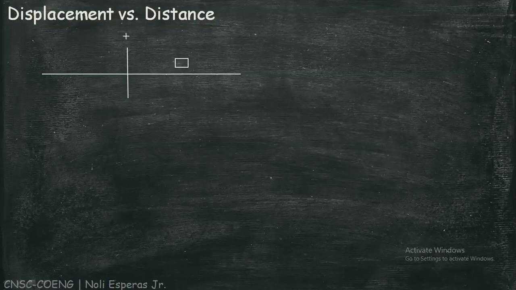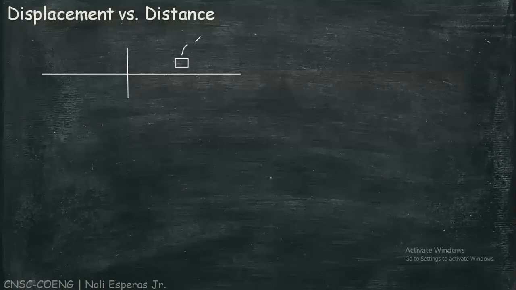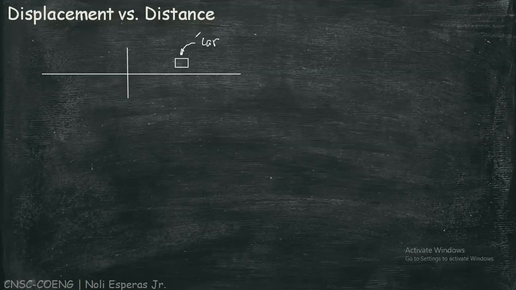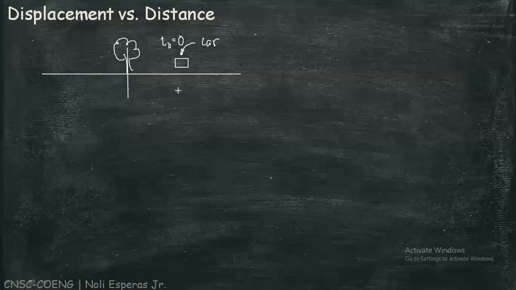Let's say we have a car. Let's say this rectangle is our car. At initial time or at time 0 seconds, its position is 5 meter. Let's say 5 meter from a tree.